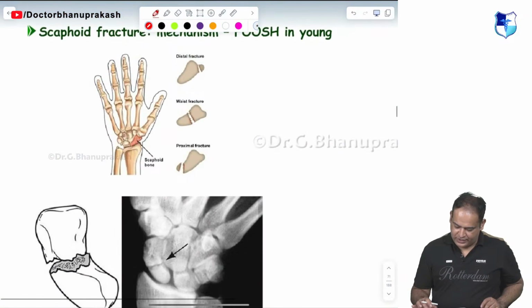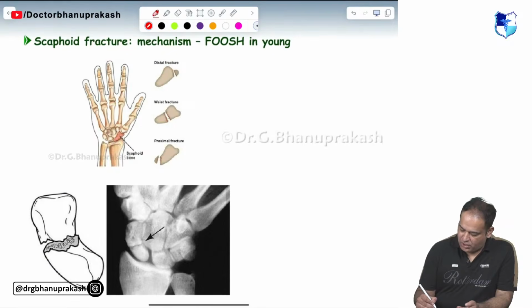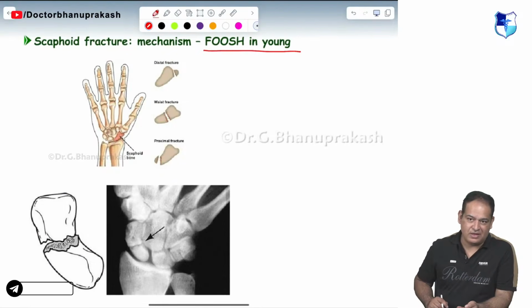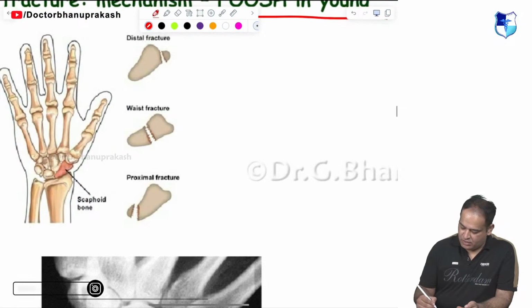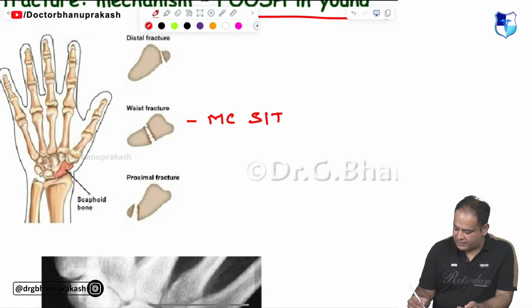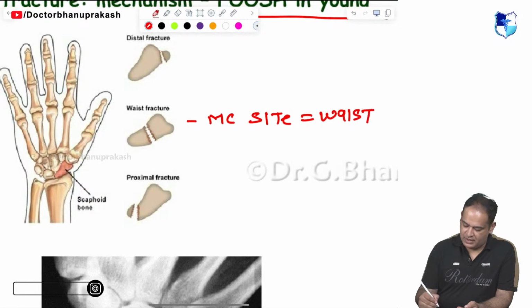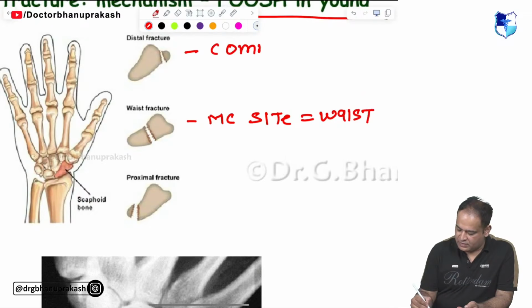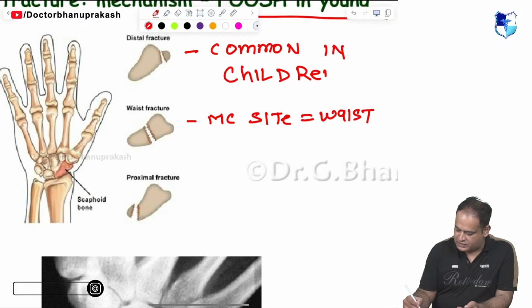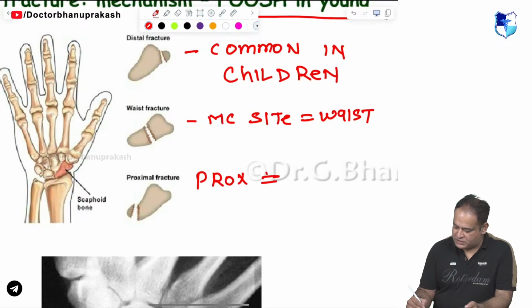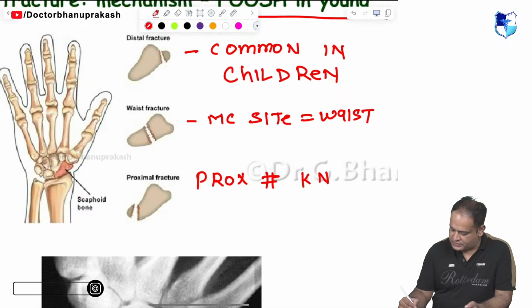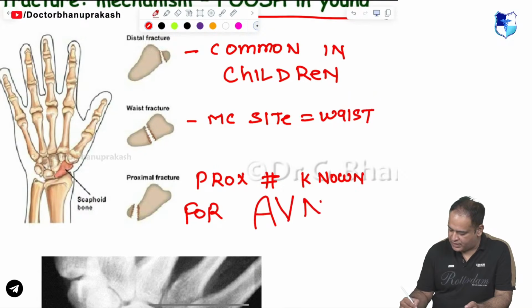Now, scaphoid fracture. What is the mechanism? Fall on the outstretched hand in the young. Now, the scaphoid's most common site is the waist. Fine. And distal fracture is common in children, whereas proximal fracture is known for avascular necrosis.